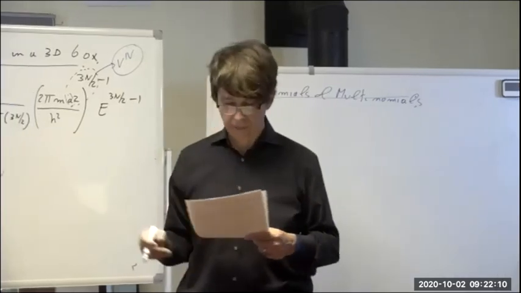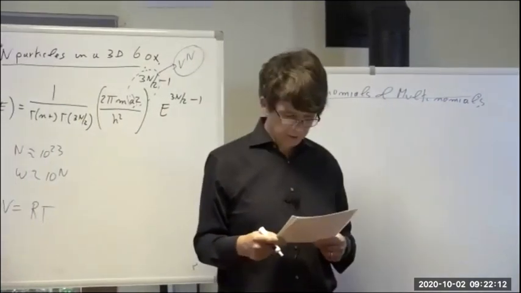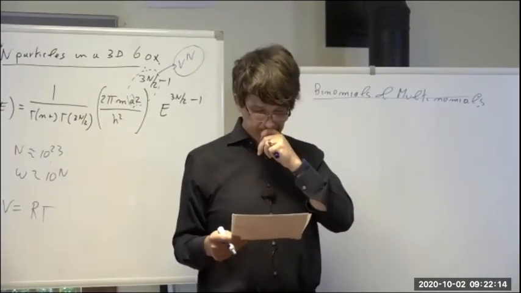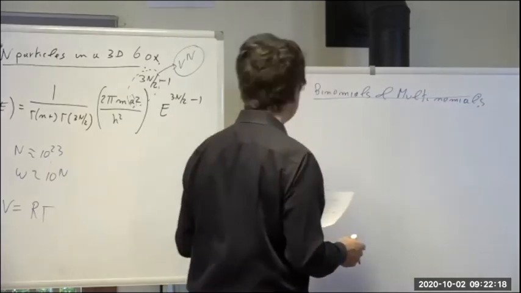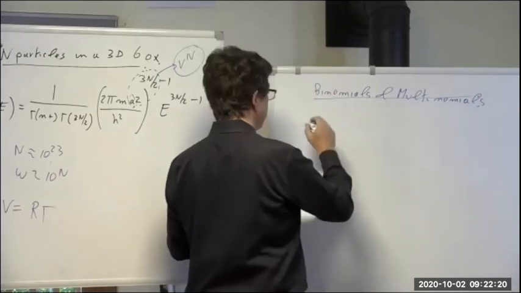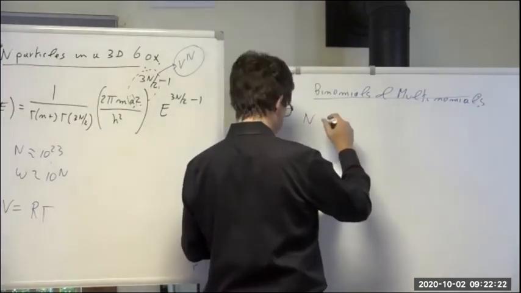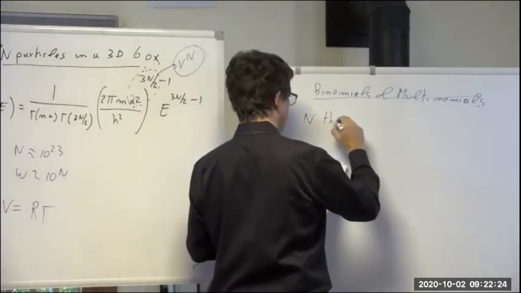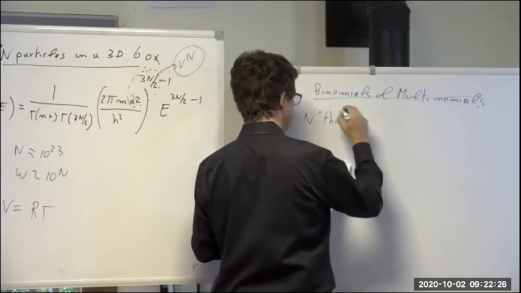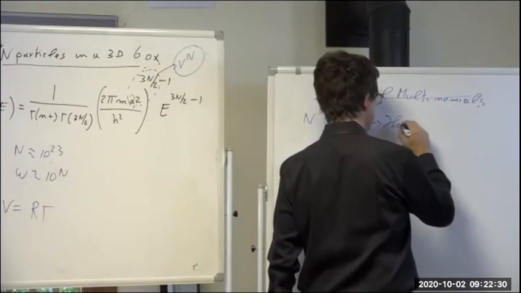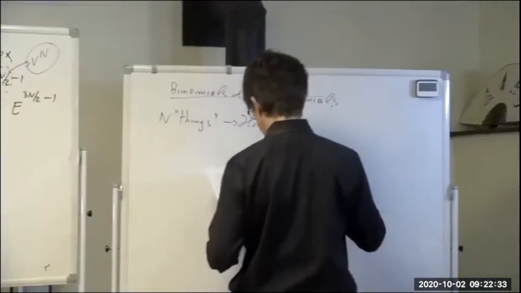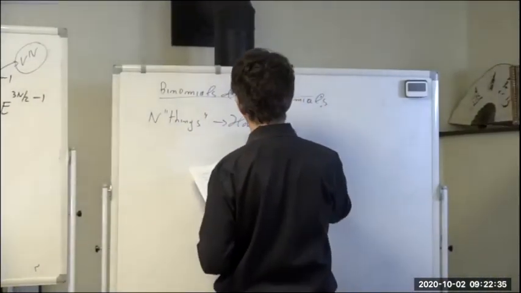You've taken courses in stats, I hope. If you have n things, it could be particles, states, and you ask the question, how many ways are there to divide n things into two groups?